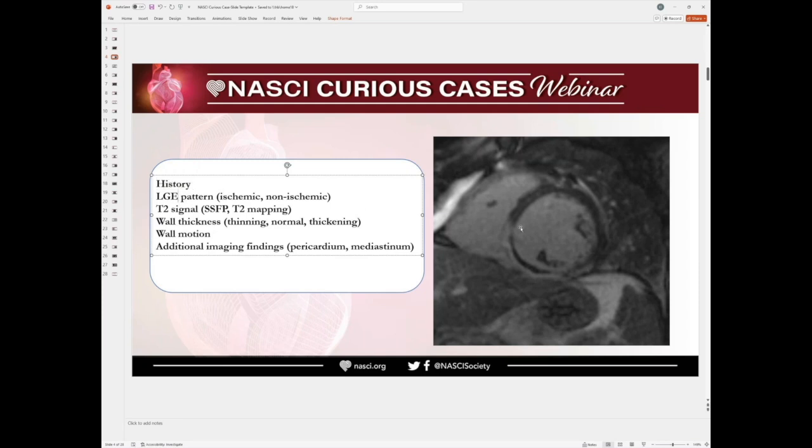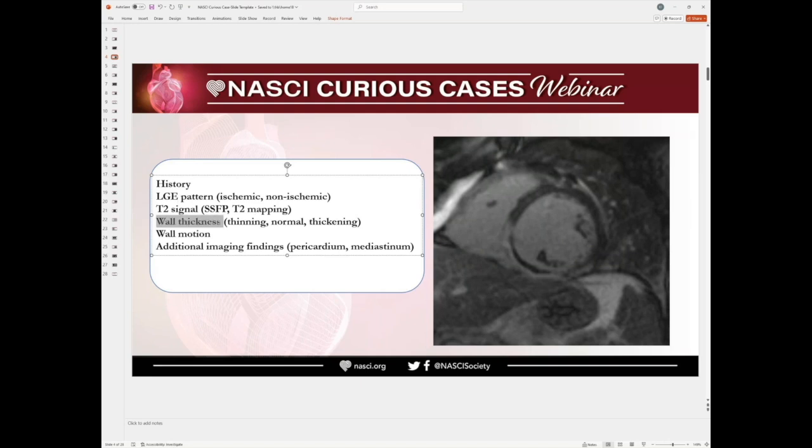Is it ischemic, starting from the subendocardial area, or non-ischemic, meaning more mid-myocardial or subepicardial? The other important feature is if you're doing T2 mapping or even SSFP, sometimes it may give you a signal. You may be able to differentiate fibrosis from edema, because fibrosis is not going to have a high T2 signal. On the other hand, edema will, as in our case.